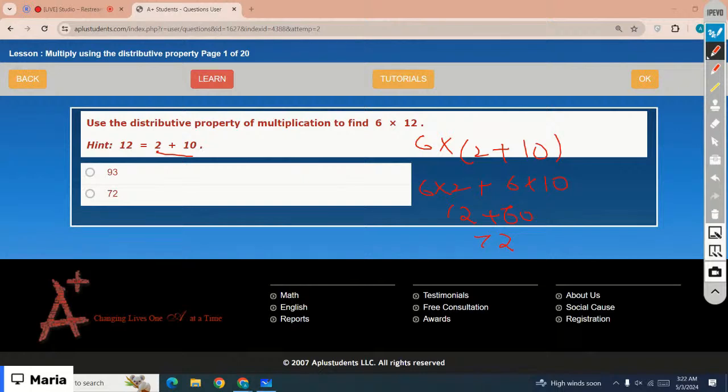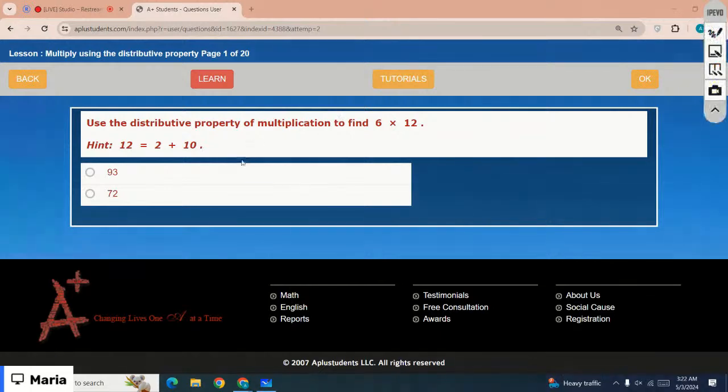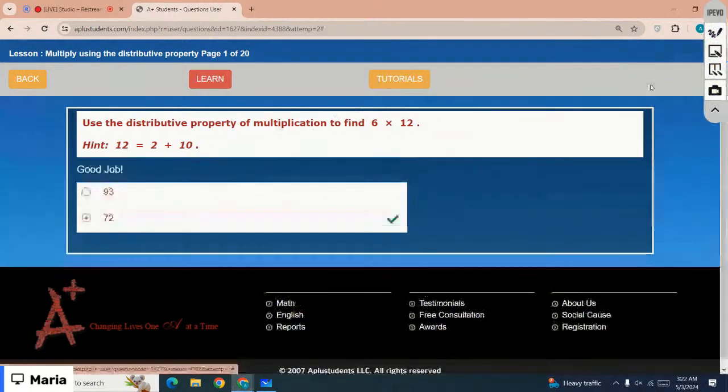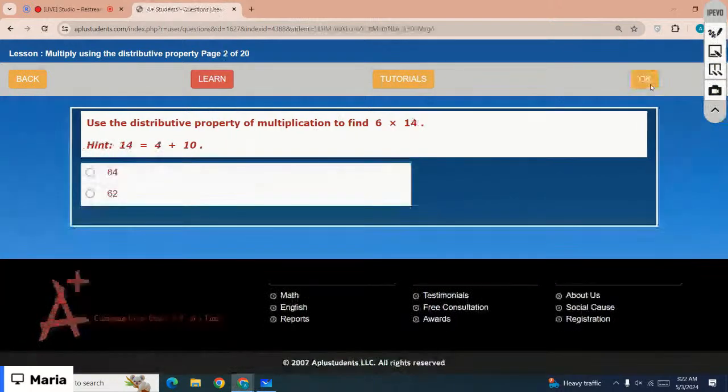The correct option. Let's just start with the next example, right? Okay, the next example is use the property of multiplication to find 6 times 14. The hint is you have to use 14 as 10 plus 4.